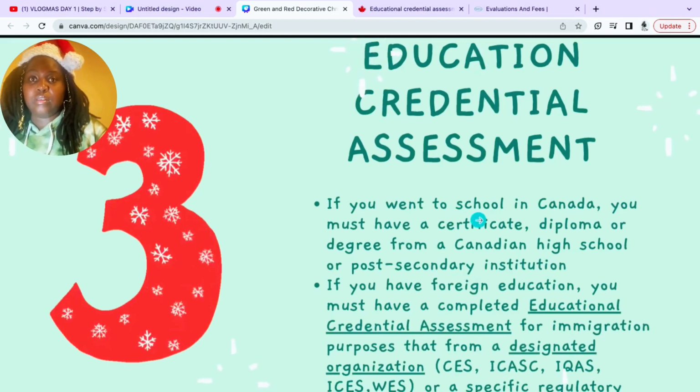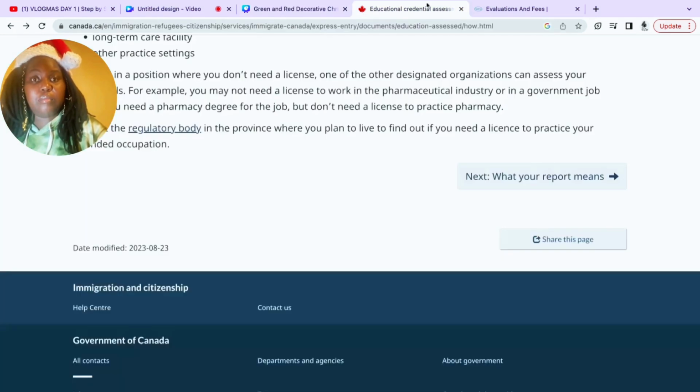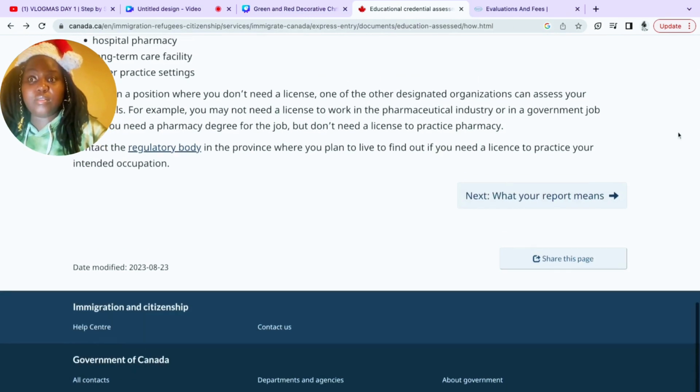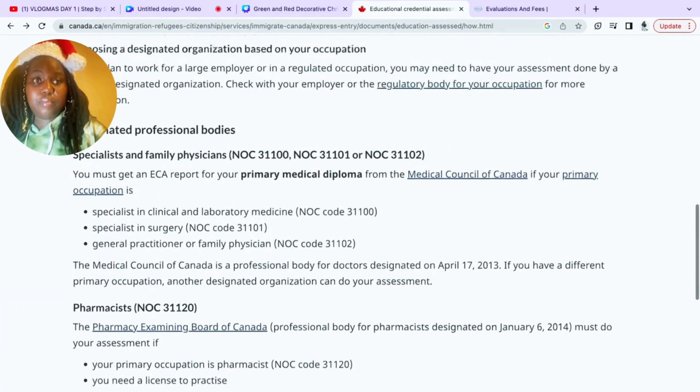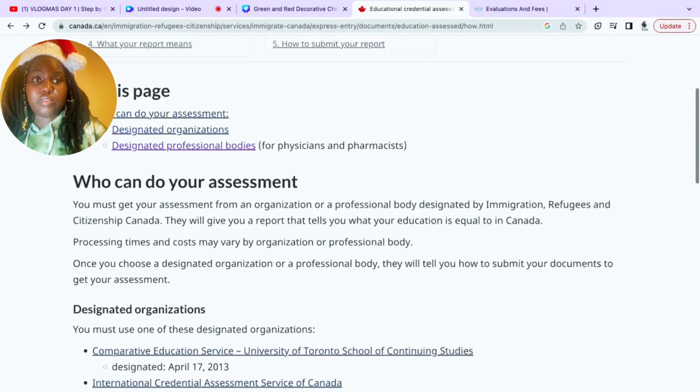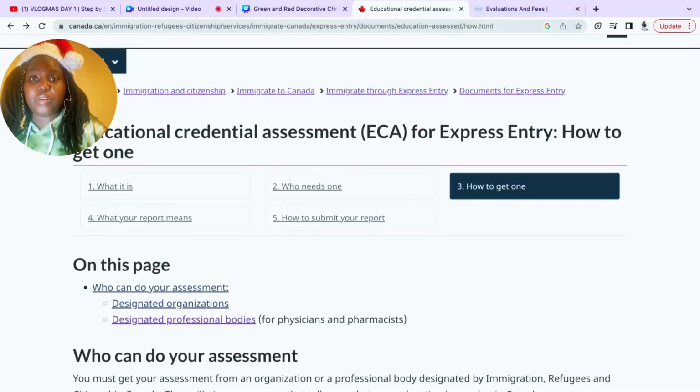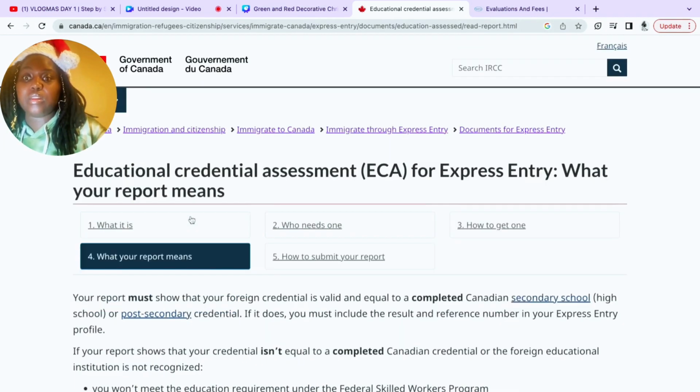That is what you need to know about this credential. Of course, it's going to be different from body to body. Like I said, I did WES, and that's the one that I did.